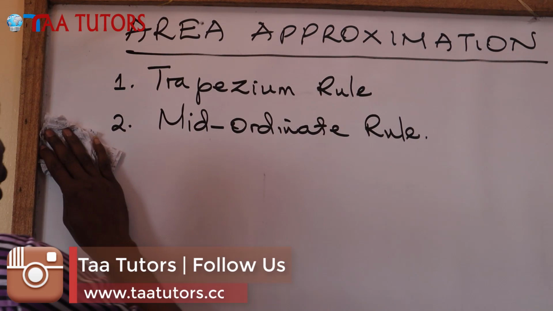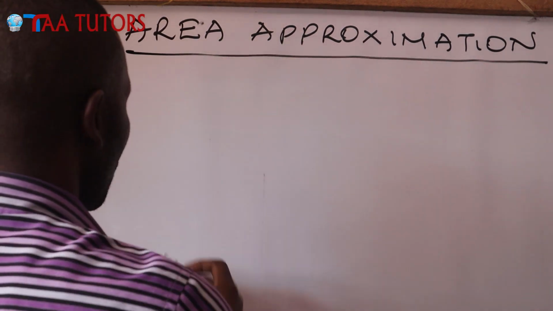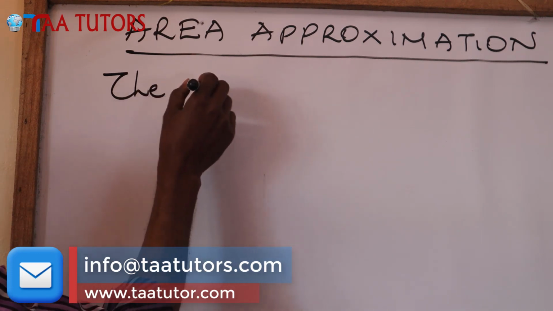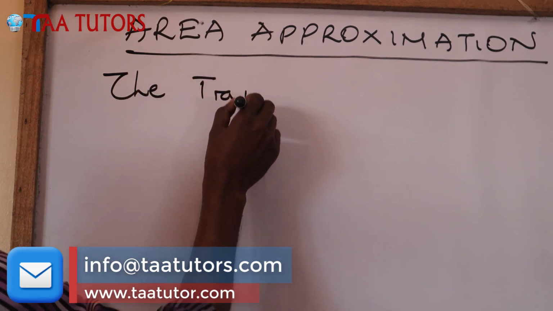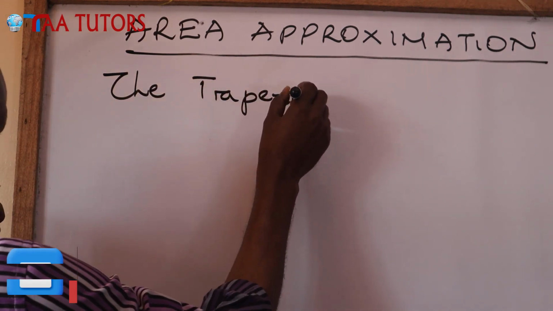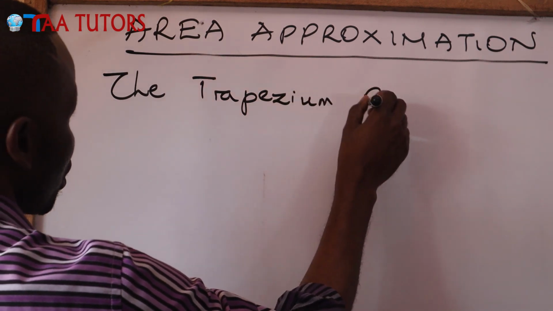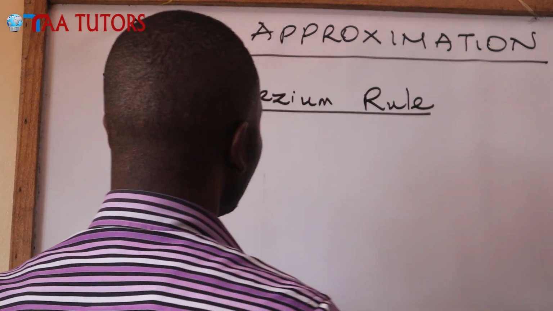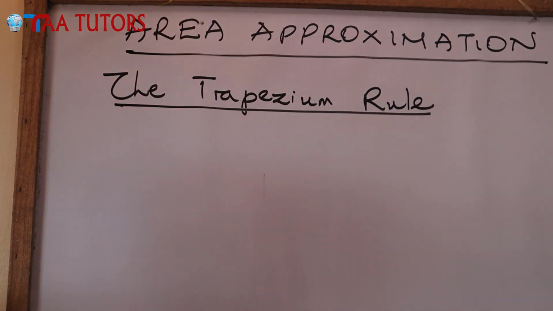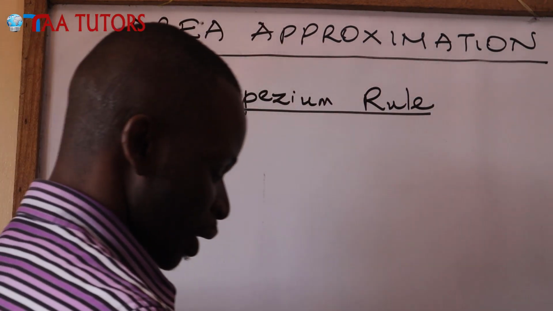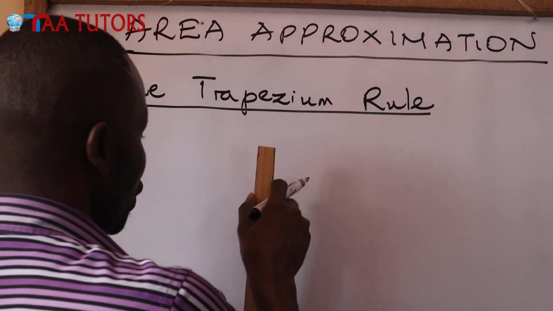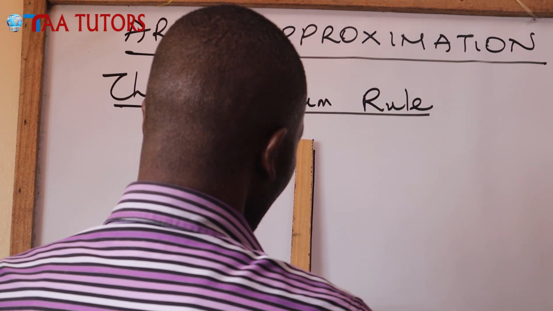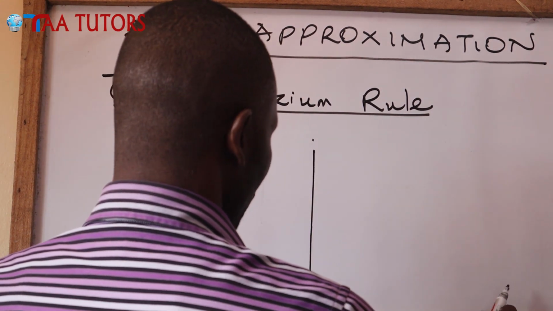So today in our lesson we are going to learn about the trapezium rule. We all know what a trapezium is. A trapezium is a regular shape which is kind of a rectangle or a square plus another triangle on it.